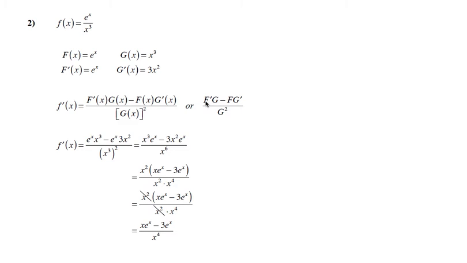And so that's f prime, the derivative of the first function, e to the x, times the second function, which is x cubed, minus, because this time it's a subtraction, minus the first function, or the f of x, which is e to the x, times g prime, the derivative, 3x squared. So that's our numerator. Then in the denominator, we square the entire function. So put parentheses around whatever function that is and square that.